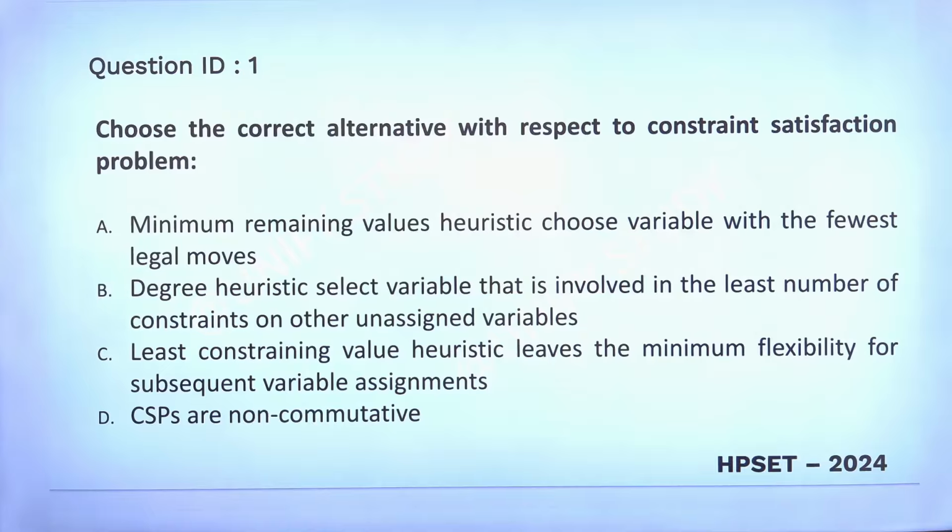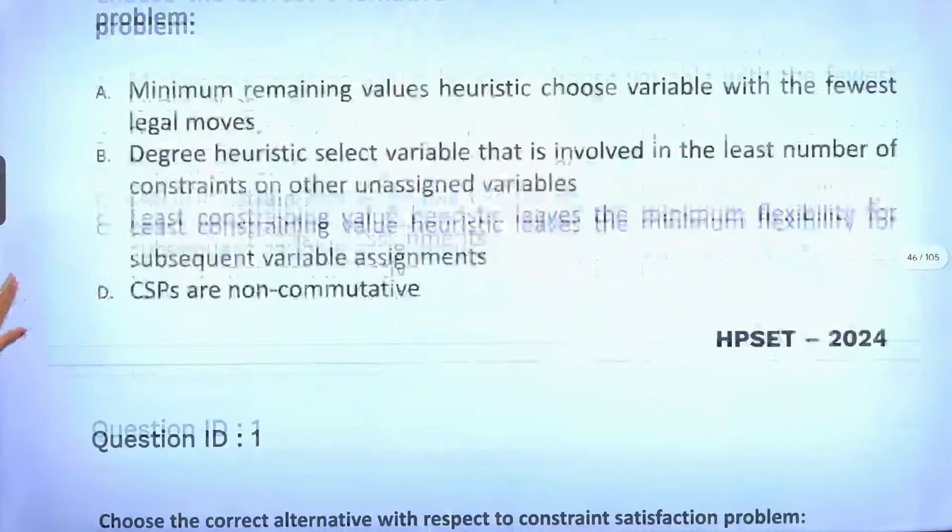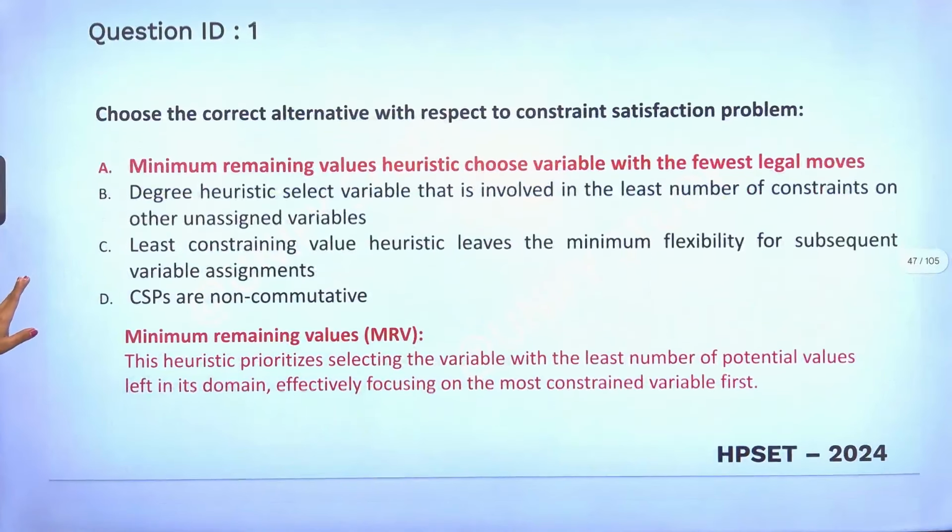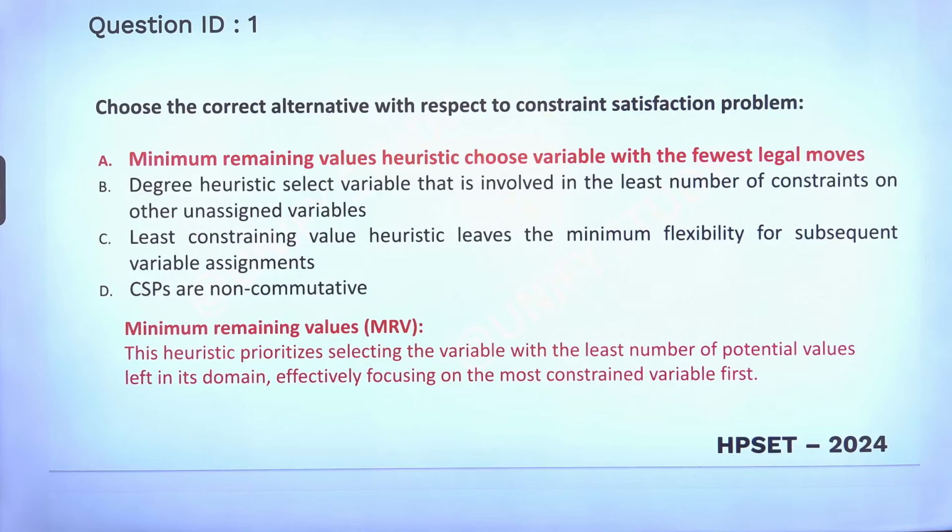44% correct answer. Yeah. So here your answer is the minimum remaining values heuristic, which chooses the variable. Option 1.